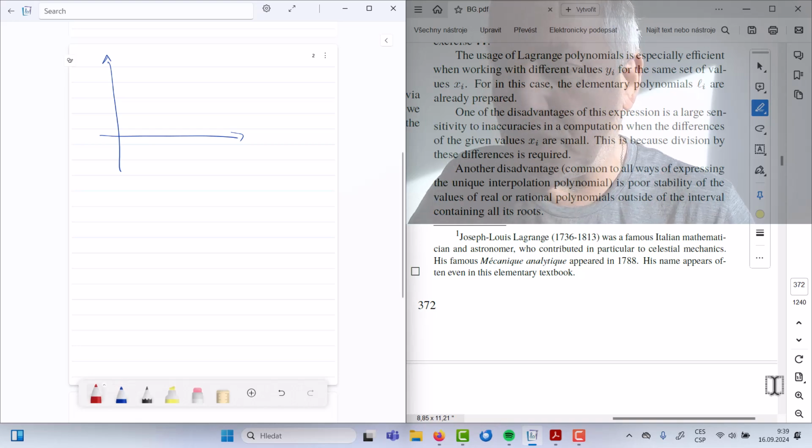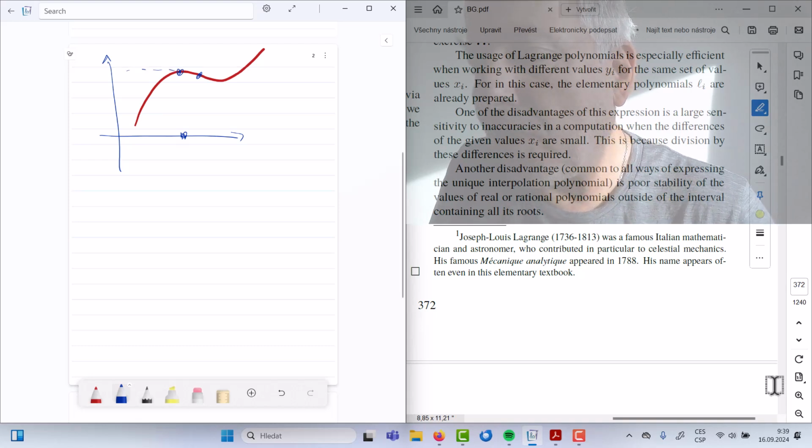So if our function is something like this, we can imagine that at this point we look at the function and see how much different it is here, and we want to see what would be the right approximation at that point. Here it would be just this way, right? And that's what we call the derivative.